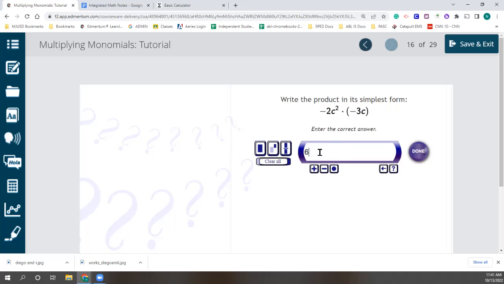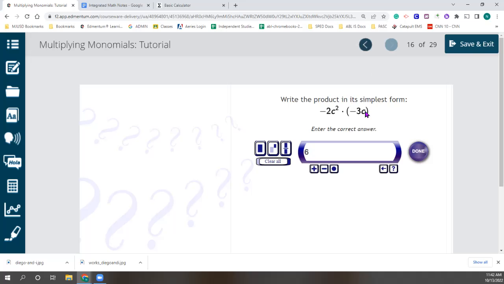Then I have to multiply the variable. So I do that by using that product exponent rule. So c squared plus c to the first power, because there's no exponent there, is 3. So that ends up being c to the third power, or c cubed.